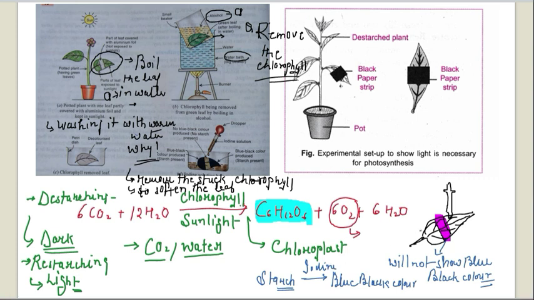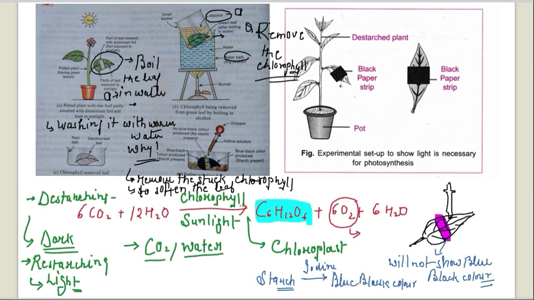And here, as this region was wrapped with the aluminum foil, the presence of starch is not detected because the starch is not formed. And why is the starch not formed? Because photosynthesis couldn't occur here, as the light cannot penetrate this region where the aluminum foil is wrapped. So this is the reason this region will not show the blue black color.